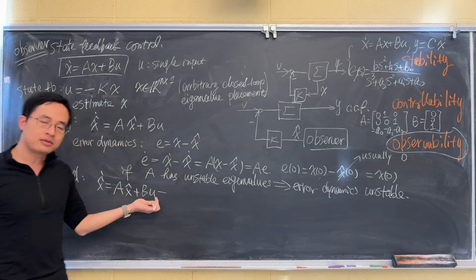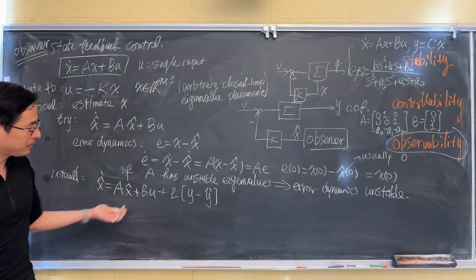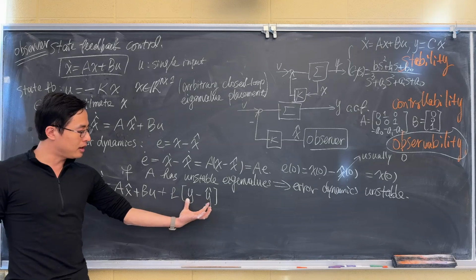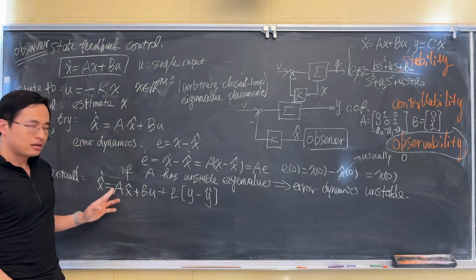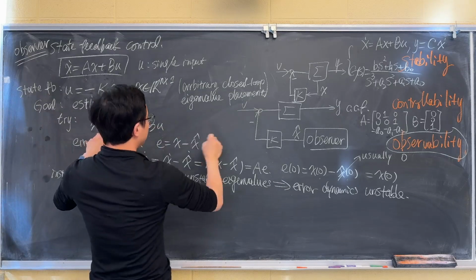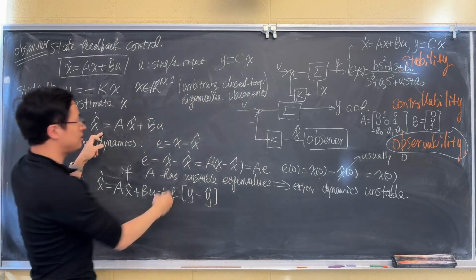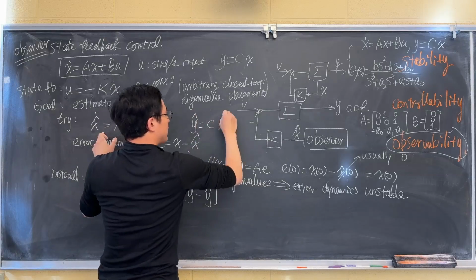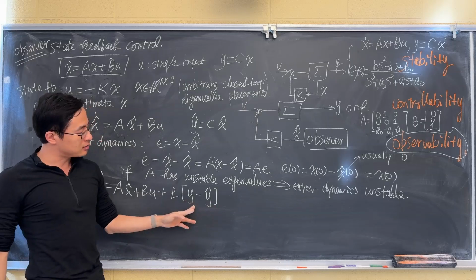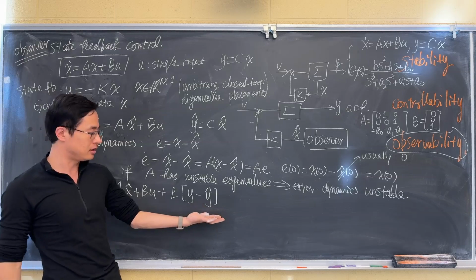So we throw in a correction term with L. This makes sure that if your estimate is too far off, you have an output estimate, y is Cx and y hat is C times x hat, and you have the difference between your actual measurement, which is what you can measure, and your estimated output as a correction term.